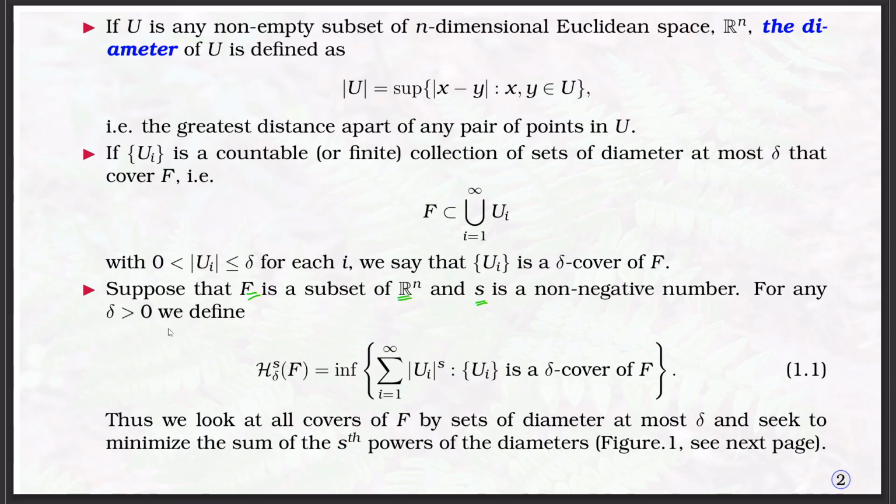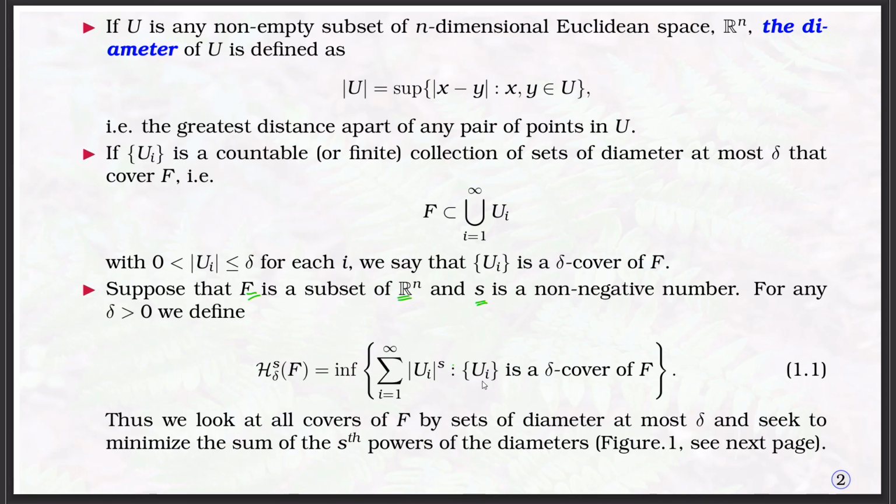For any delta greater than 0, we define H_delta^s(F) as the infimum of the sum over i equal to 1 to infinity of |U_i|^s, over all collections U_i that are a delta cover of F. We know that for F we have many collections, because we are covering F by U_i with diameter at most delta; it has infinitely many covers.